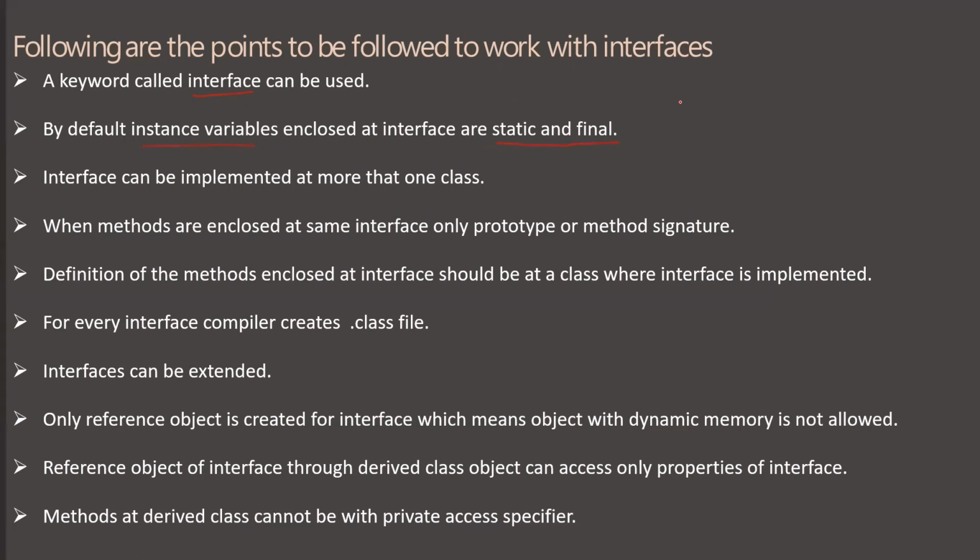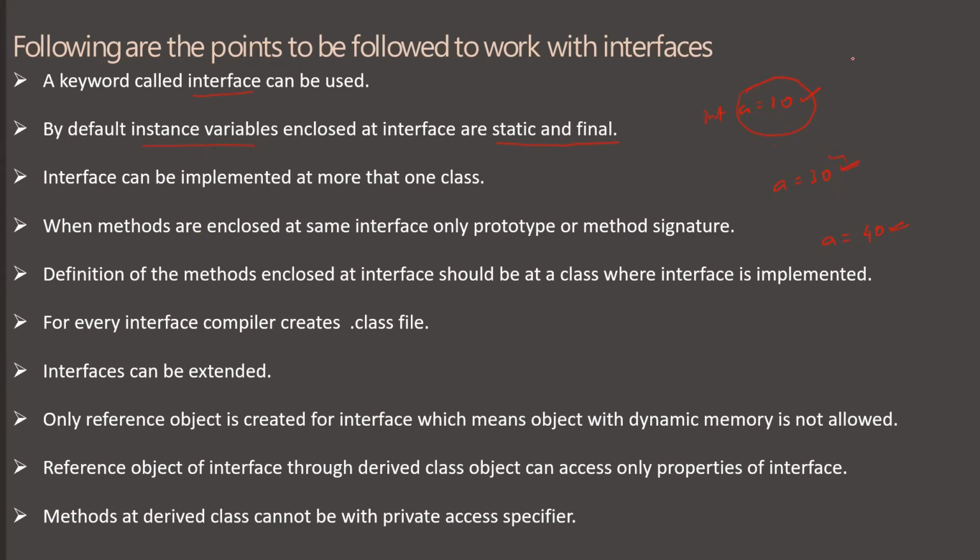So if I take the instance variables, generally, if I take int a equals to 10, and somewhere in the program, I take a equals to 30, now this 10 will be overridden with 30. And somewhere I've taken a value as 40, now this value 30 will be overridden by 40. So this is a normal instance variable where you can change the values wherever it is required, right?